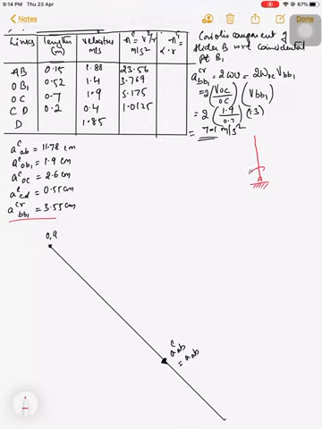When a link is rotating in a clockwise direction about a fixed point, and the slider is moving downwards with velocity VB1 as in this case, the Coriolis component always acts perpendicular to the velocity and in this direction.